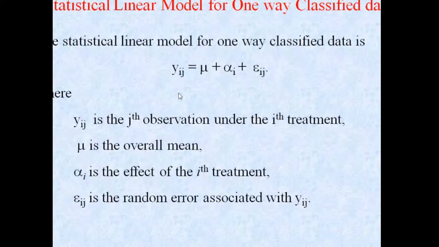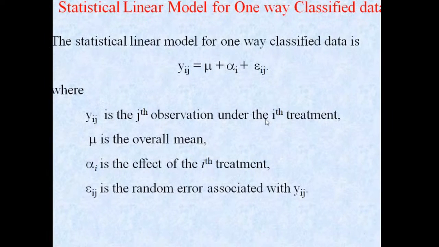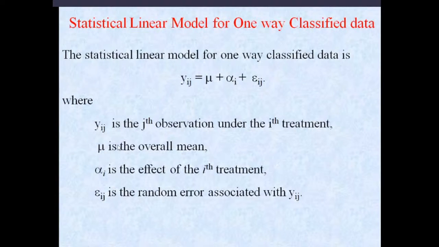So Yij is the jth observation under the ith treatment, mu is the overall mean, alpha is the effect of the ith treatment, and epsilon ij is the random error associated with Yij. Now assume that the observations are independent and follow a normal distribution with mean mu and variance sigma square.